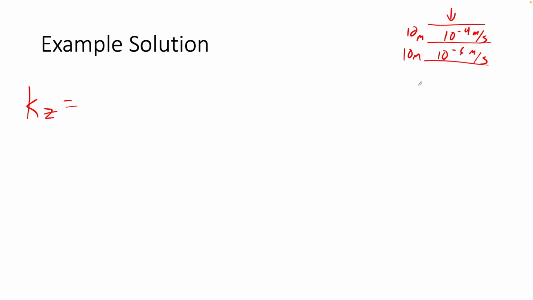Okay, so in this example, we had a system that had two layers, each 10 meters, and one was 10 to the negative 4 meters per second and the other 10 to the negative 6 meters per second. Okay, so our vertical conductivity equivalence, now remember, in this case it's obvious, it'd be flowing in series.